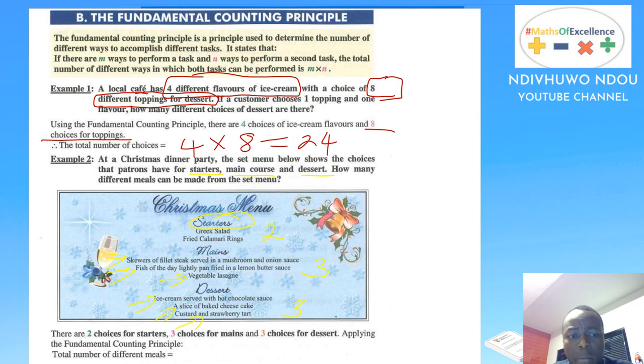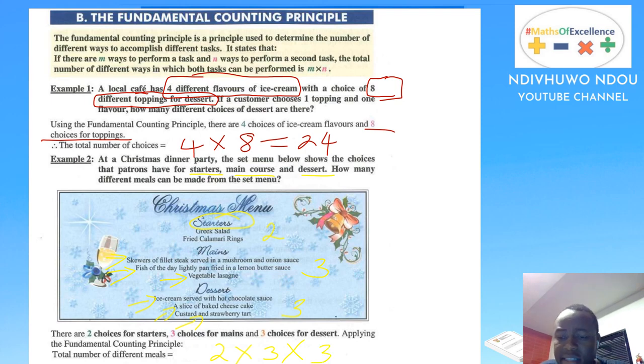So how many different combinations can be made if a person is to buy in this restaurant offering this set of menu? So we simply multiply the number of choices that we have in each particular situation. So in the starter we have 2 choices, in the main we have 3 choices, and in the dessert we have 3 choices.